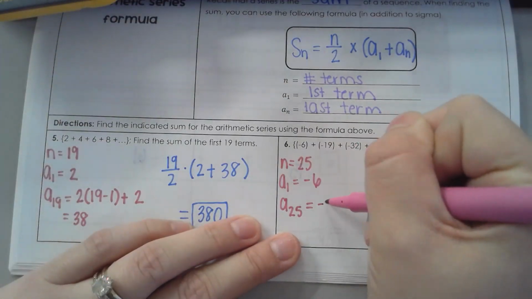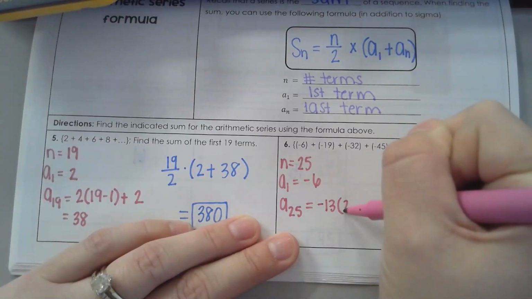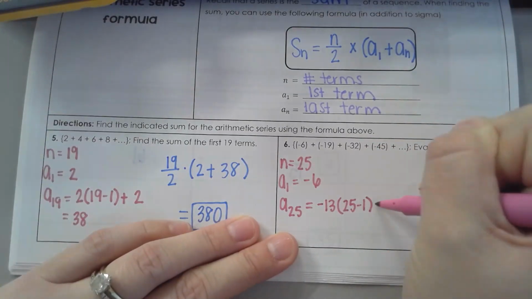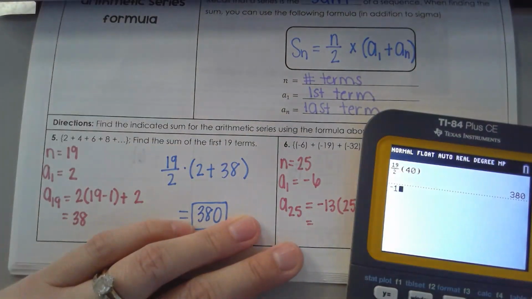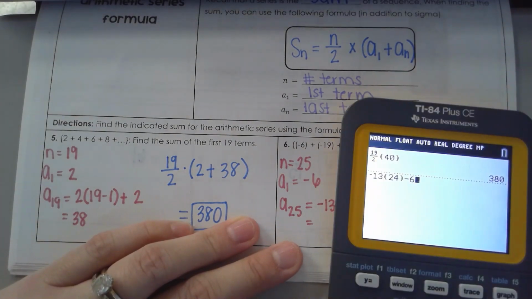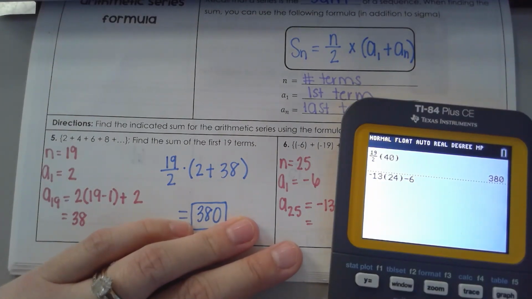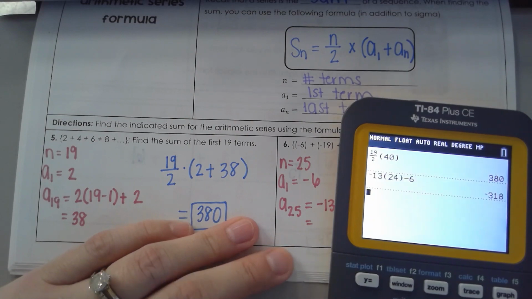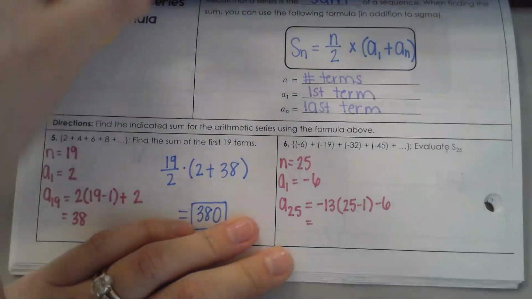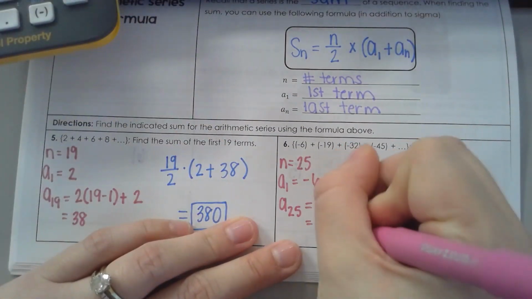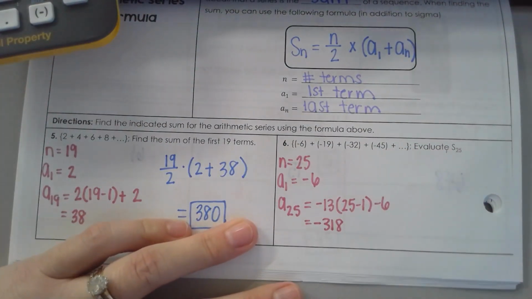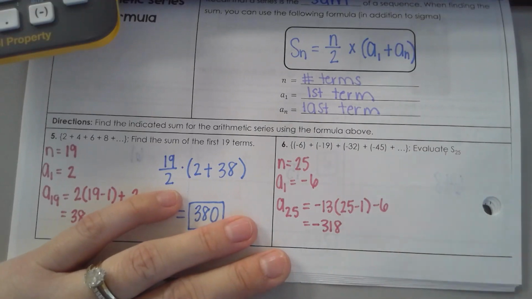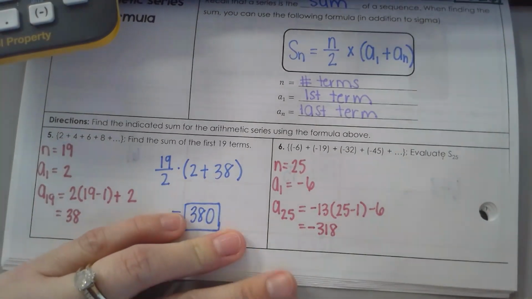Negative 13. The 25th term is negative 318.